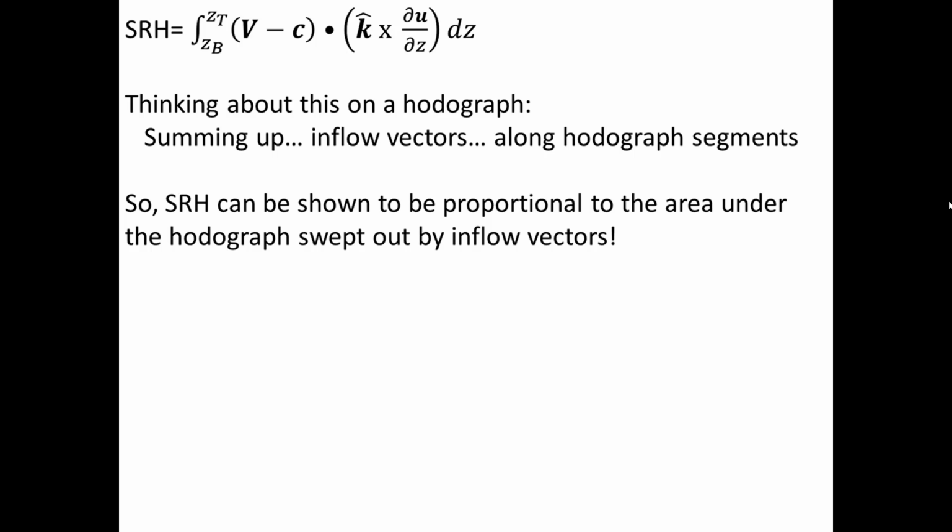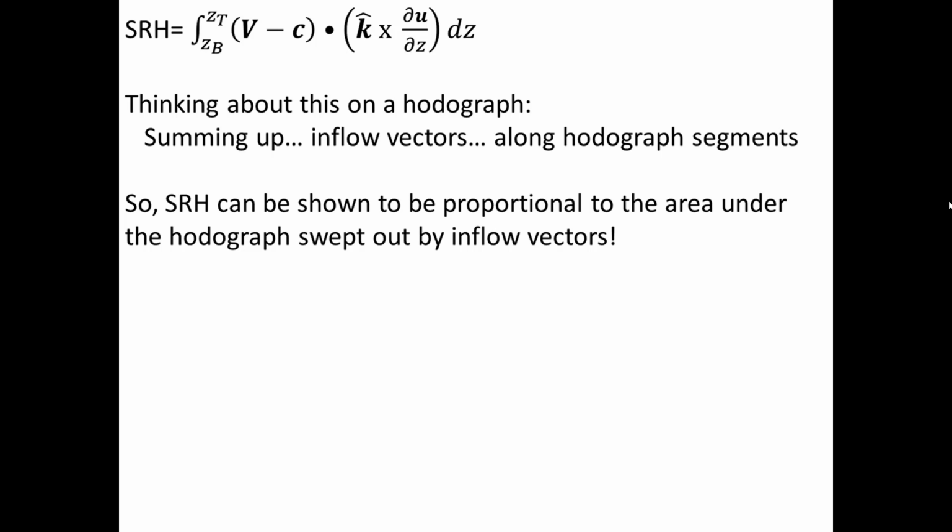What this amounts to is that we're taking each of these inflow vectors and summing them up through a section of the hodograph, as that hodograph is always determining, in addition to the shear profile, the horizontal vorticity profile that's lying to the left of the hodograph, which means that we can show the storm relative helicity computed here is also proportional to the area under the hodograph swept out by the inflow vectors.